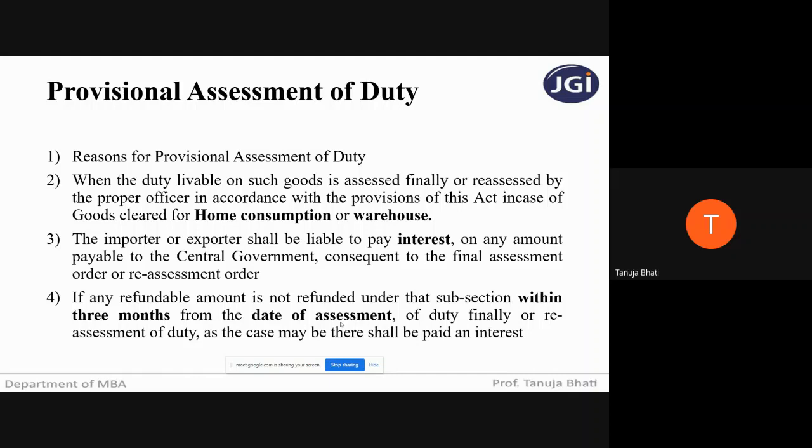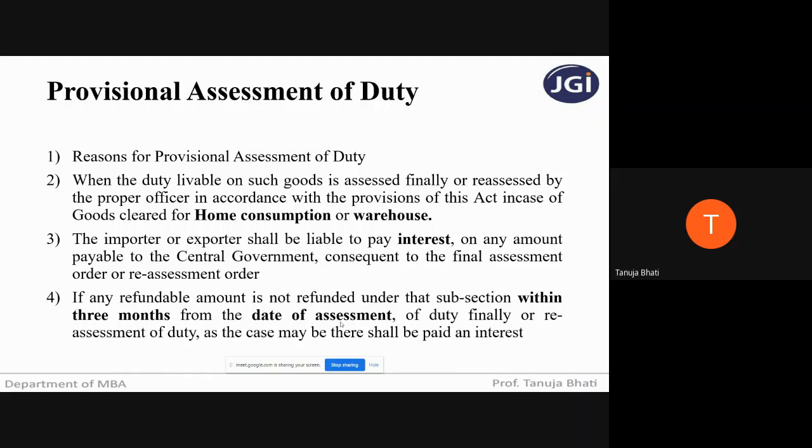First, you need to fulfill the conditions to go in for provisional assessment of duty. The different reasons we have seen. Then the duty will be assessed when the goods are cleared for home consumption or warehouse. Then you have to compare the duty amount that is self-assessed, roughly paid by the importer, and the provisionally assessed amount of duty. See whether it is excess or deficit.